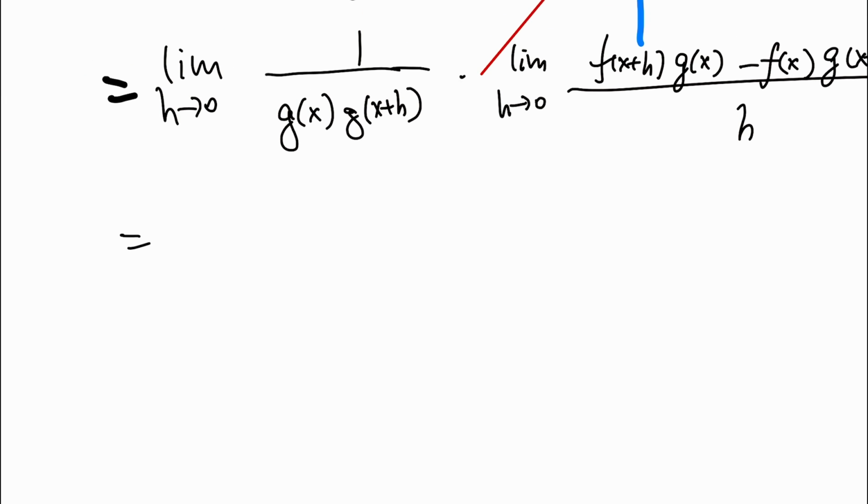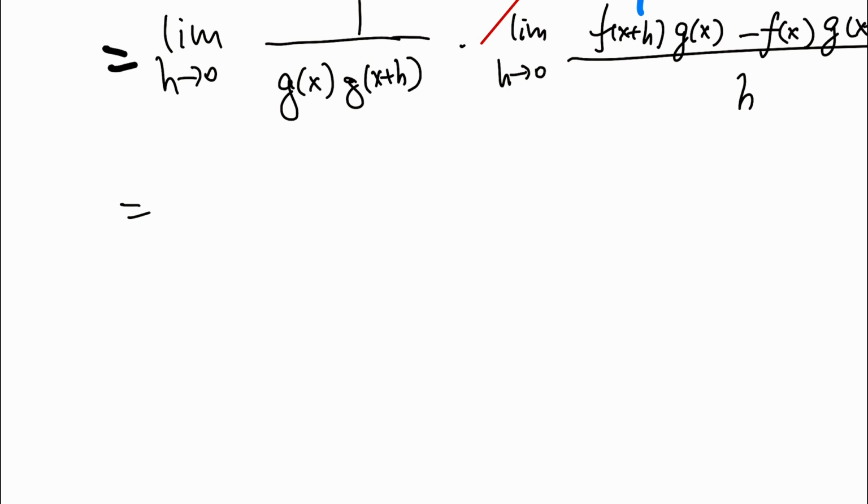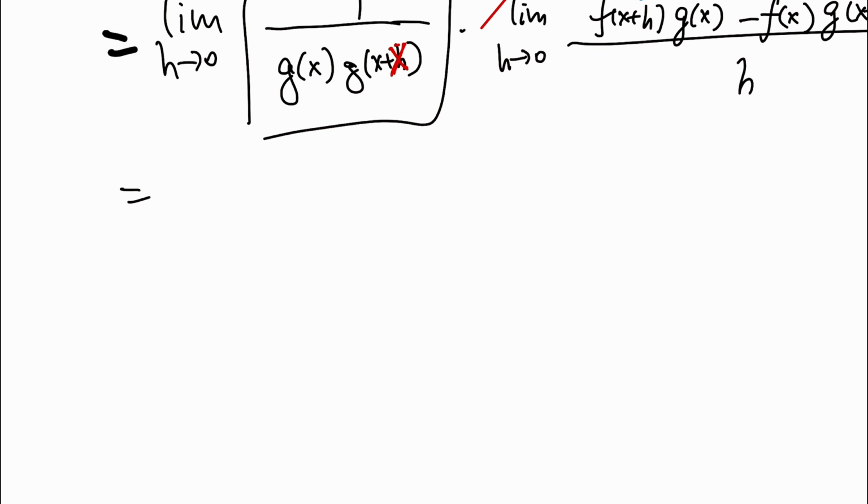And if we have that, then let's take a look at this. We want h to approach 0, and we've said that the value of g of x is not 0. So as h approaches 0, this part just is gone because x plus 0 is just x, so this part is 1 over g of x squared.